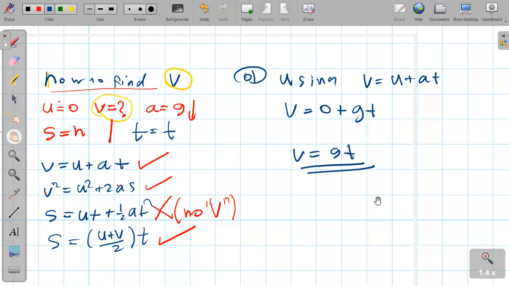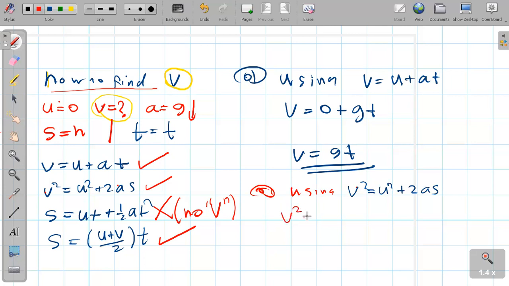ඇතිනේ? හරි. Write the second method using the equation V square equals U square plus 2AS. Going to apply now.